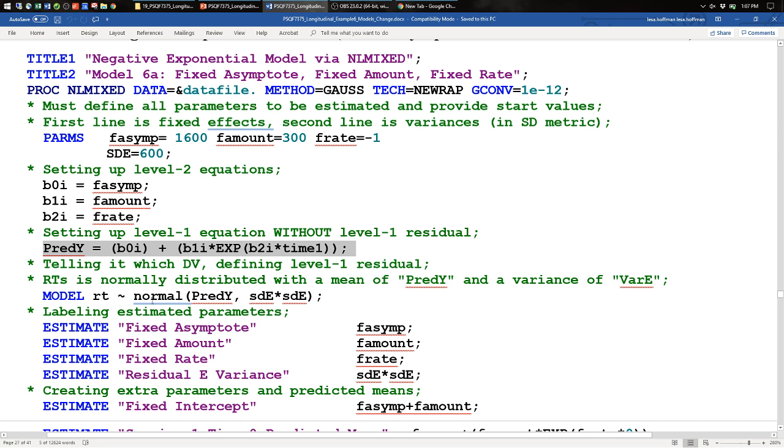Response time is still normally distributed with a conditional mean given by Pred Y. And now, instead of saying the variance of the residuals, I put standard deviation squared. So it's still the same, it's just that the standard deviation will be a more stable parameter than a variance, according to Don Hedeker and other statisticians whose work I trust.